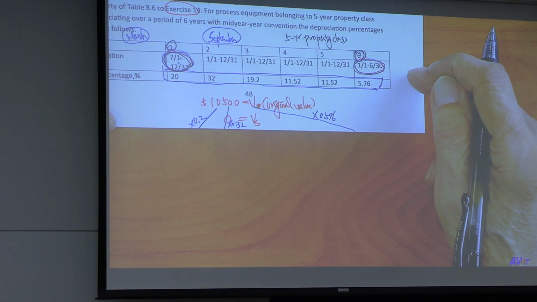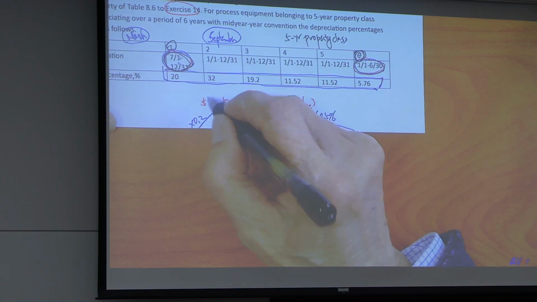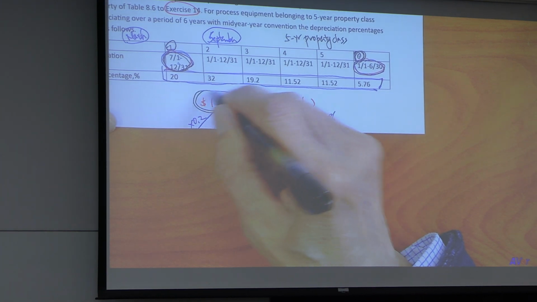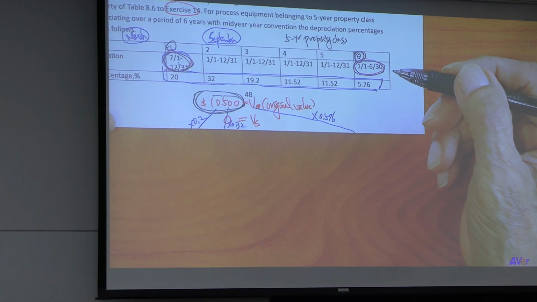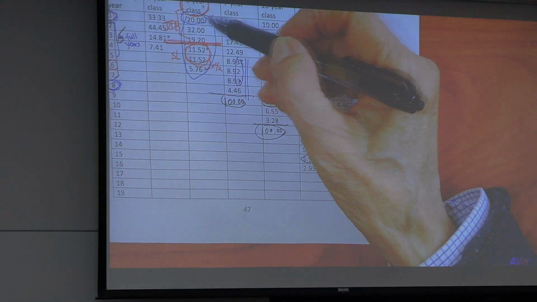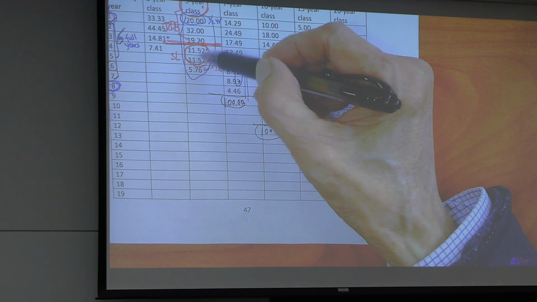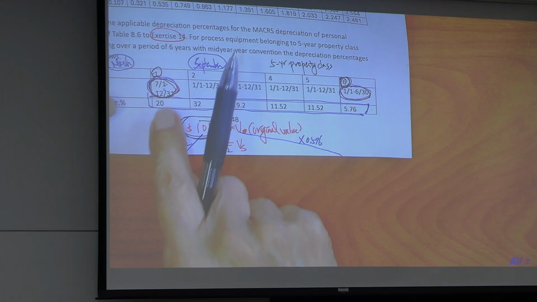So, what is the allowable depreciation? This computer original value 10,500. You copy down the percentage. 5-year property class, 20, 32, 19.2, and so on. That is this.